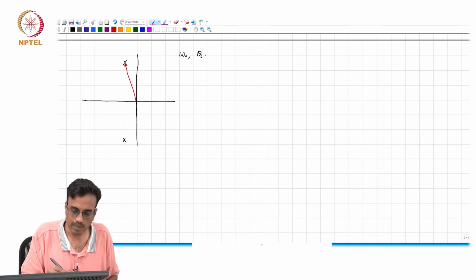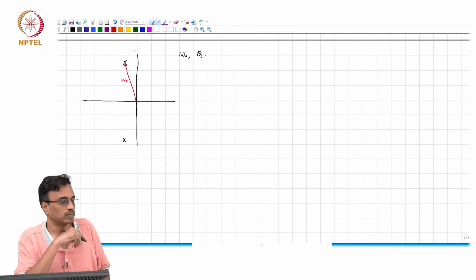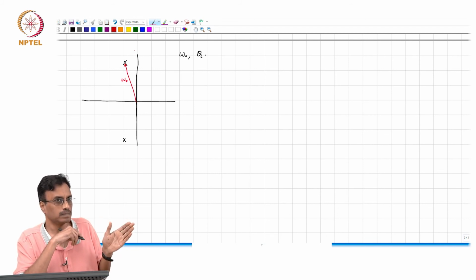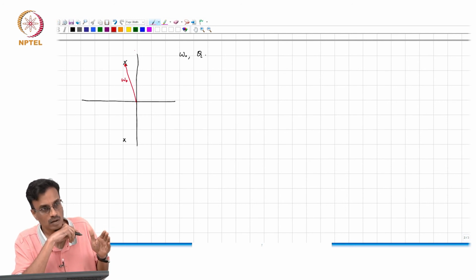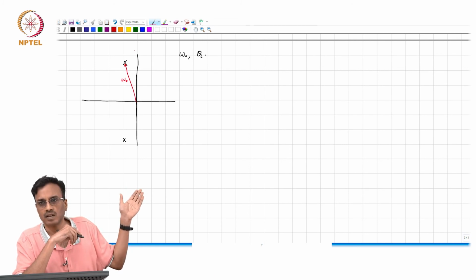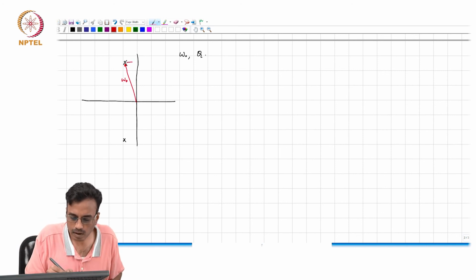You draw a vector there, the magnitude of that vector is omega naught. And what is q? Remember, the quality factor q quantifies how close the poles are to the j omega axis. So, what is this distance?